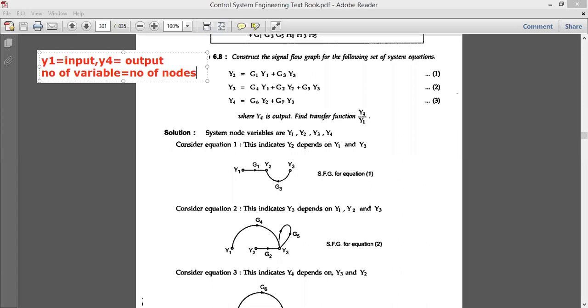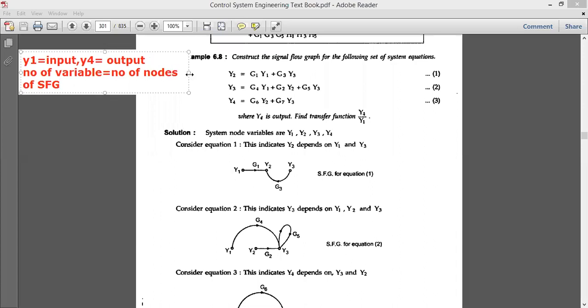This is another important thing we should know before applying the rules or properties of the signal flow graph. We have four variables: y1, y2, y3 and y4. So we have four nodes represented by y1, y2, y3 and y4.